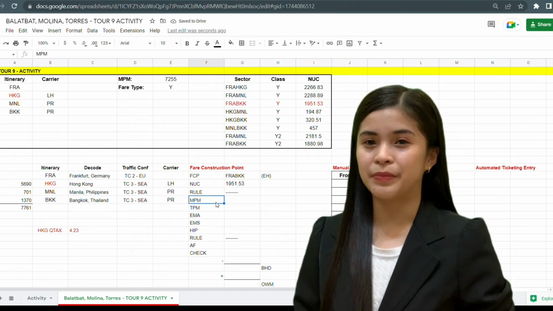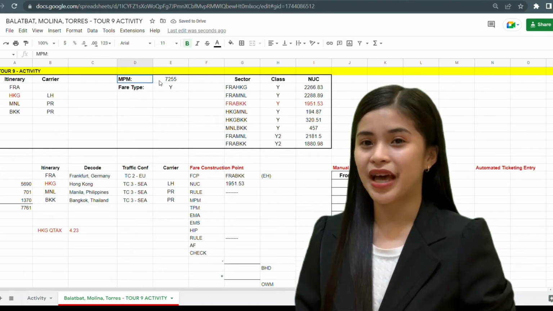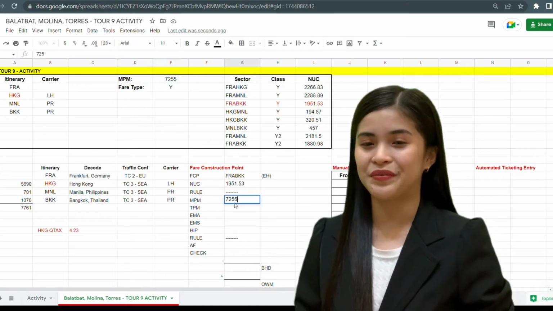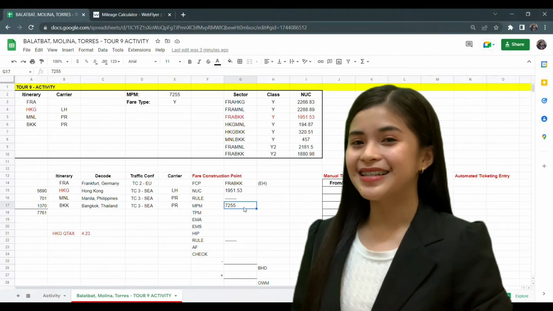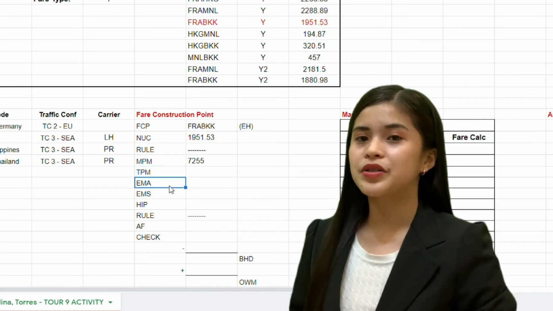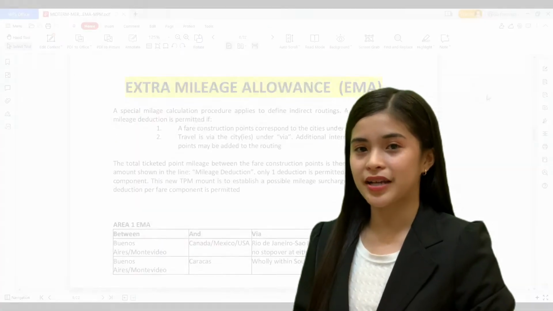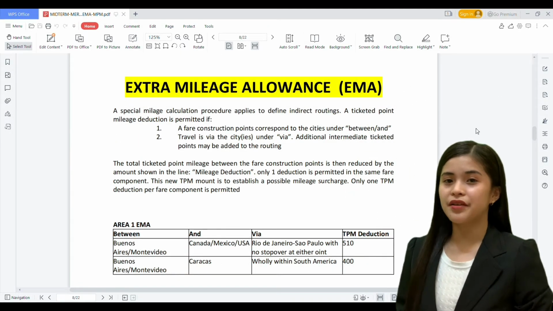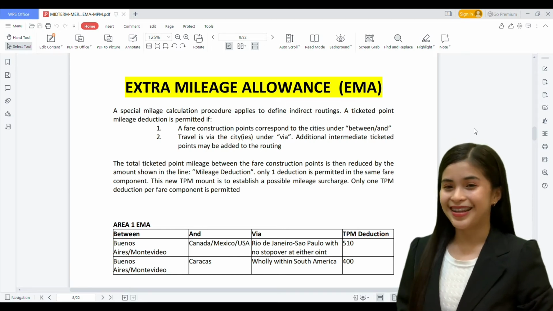MPM or maximum permitted mileage is also given, and that would be 7,255. A little technique I personally use is, before typing in the TPM, I will first check if there will be an EMA or extra mileage allowance, to see if there will be a corresponding TPM deduction to the given itinerary. Let us take a look.